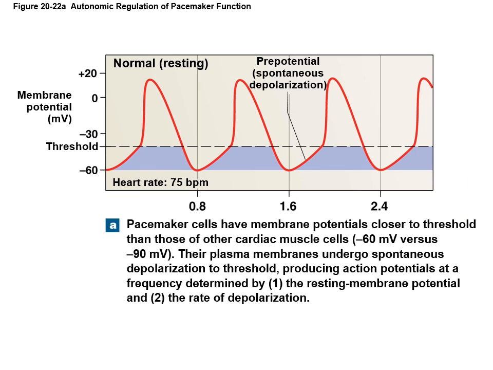So I want to talk about how the autonomic nervous system regulates first pacemaker function. Remember, the pacemaker tissue is the same as the nodal tissue, and it looks like this little kind of hill. It's actually quite different in terms of the action potential shape than the muscle tissue. Pacemaker cells have membrane potentials closer to threshold than those of other cardiac muscle cells, so around negative 60 millivolts, and that number is FYI.